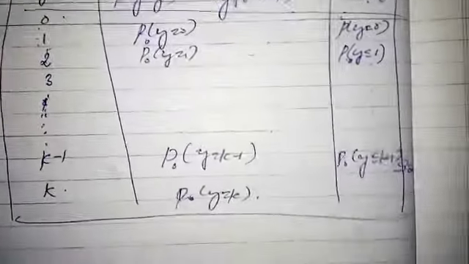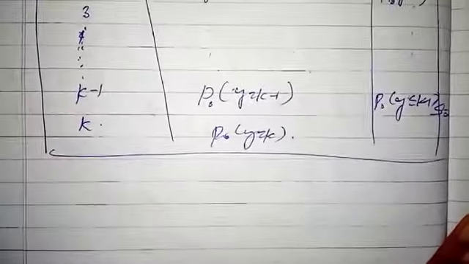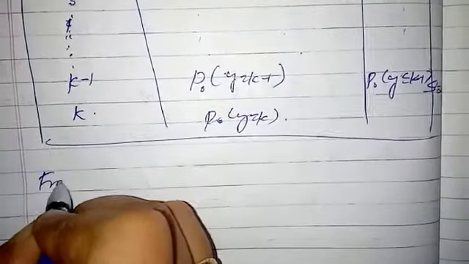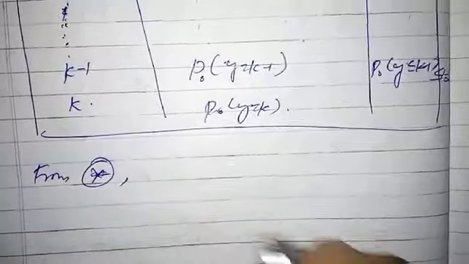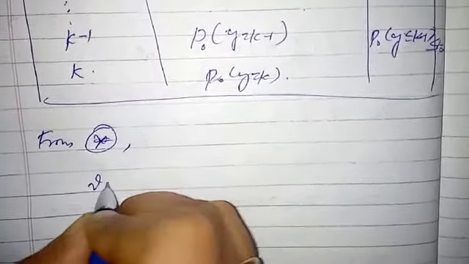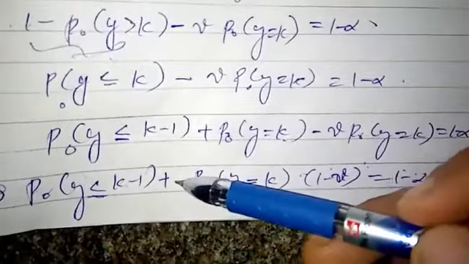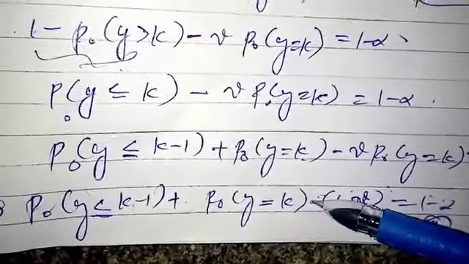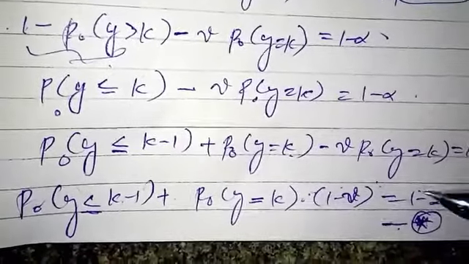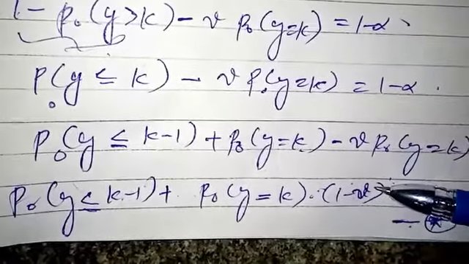Then we have to find the value of gamma. From the star equation: probability of Y less than or equal to k minus 1, plus probability of Y equal to k times 1 minus gamma, equals 1 minus alpha, right? Here we have obtained the value of k.